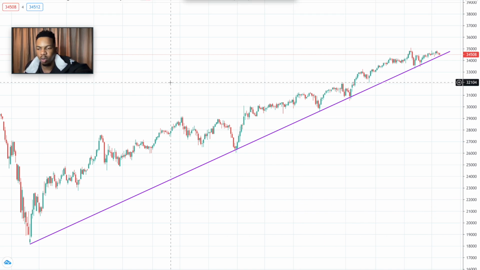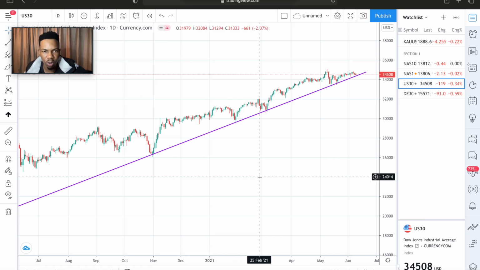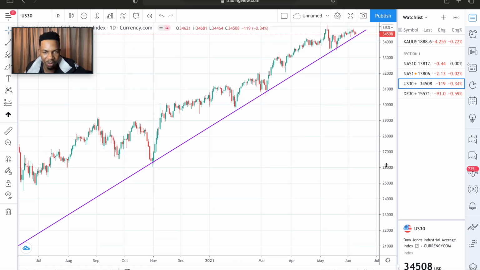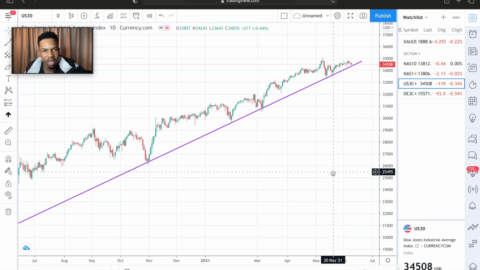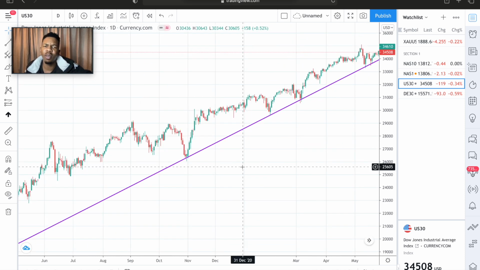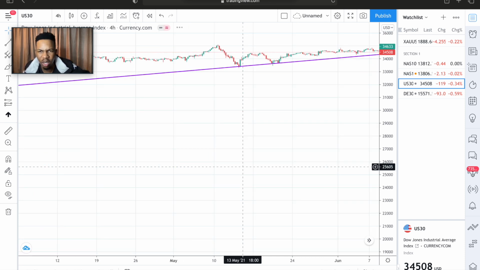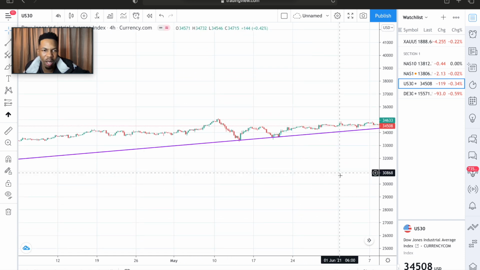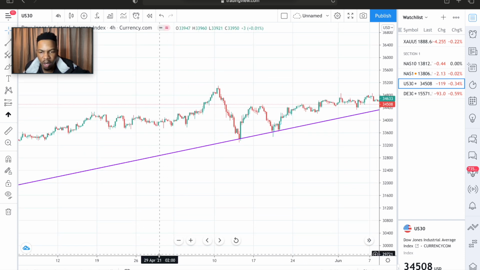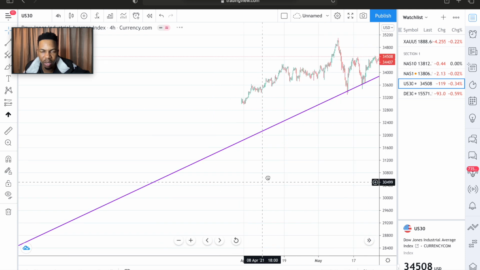All right, so now that we know that, we need to find structures, fam. We need to find structures. So what we're gonna do now, I'm gonna switch the time frame to the H4 time frame, and then I'm gonna pay close attention to what happens every time the market makes contact with the trend line. You understand?